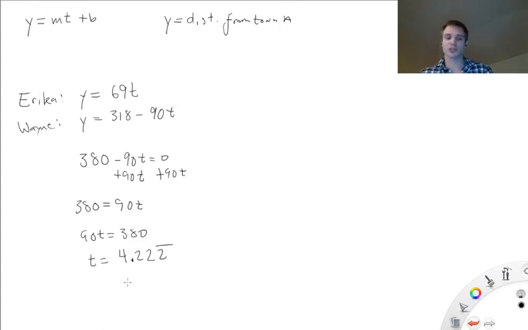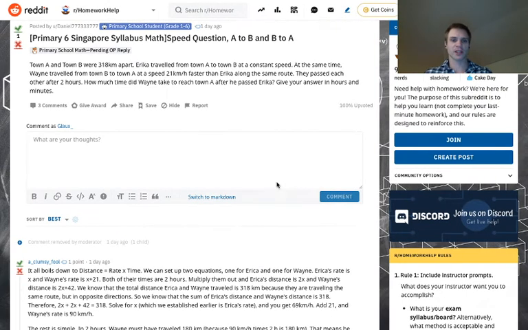So let's just subtract 2 from this, and we get 2.222 repeating hours. From the time that they passed, that's how long it'll take him to get all the way to town A. So we want to figure out what this is in hours and minutes. And that's the last bit. It says give your answer in hours and minutes.